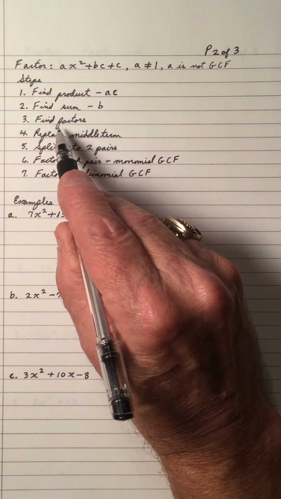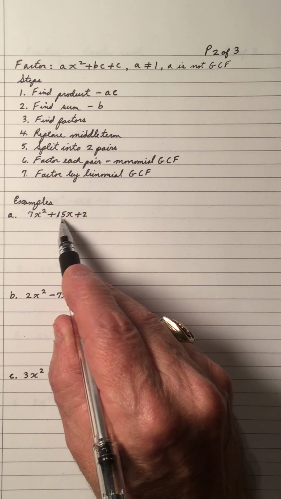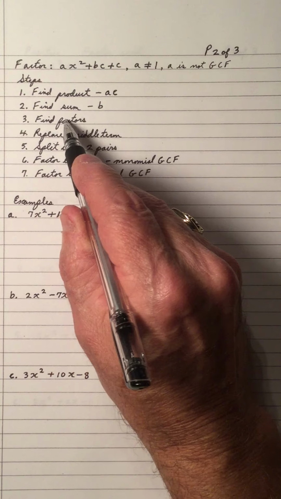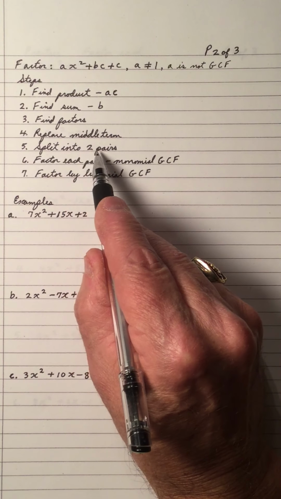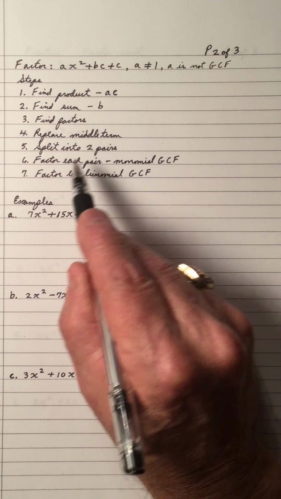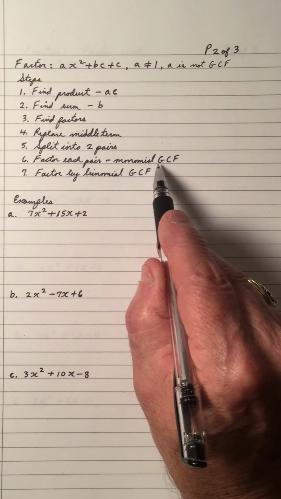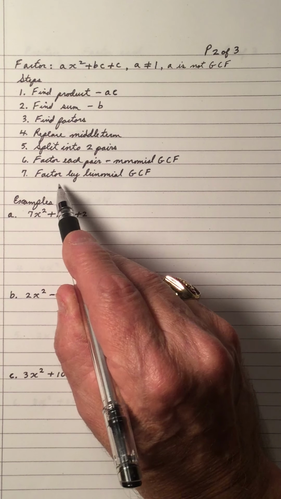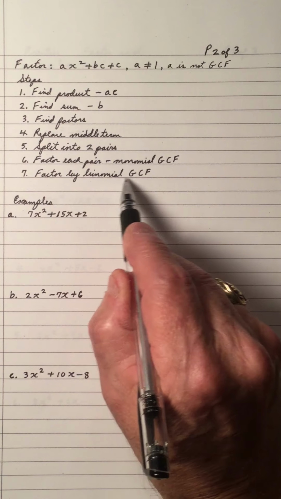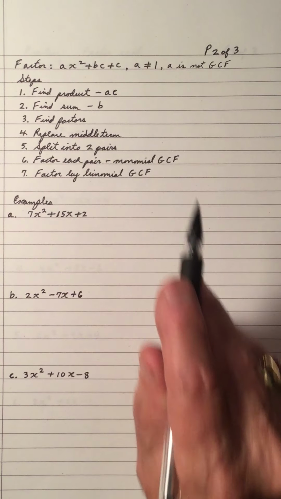And then when I write them down, I will fill in the middle term with those two factors with an x. I'll split into two pairs as I did in grouping. I will factor each pair by taking out the monomial GCF, and then I'll factor the trinomial by doing the binomial GCF. So it's grouping.